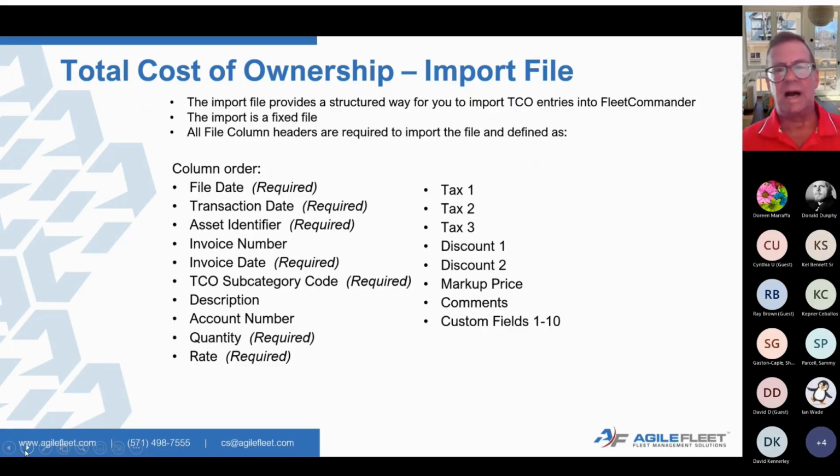So the nice thing about it is that if you've got a lot of data that you're trying to get a hold of, I apologize, there's a little bit of noise in the background, if you're trying to bring a lot of data into the system, the file is the way to go, because it allows you to bring in different vehicles, different TCO categories and subcategories. Fundamentally the subcategory is what's required because it automatically maps to the category. So you can have a very large file with lots and lots of transactions that you can just import into the system very quickly and very easily.